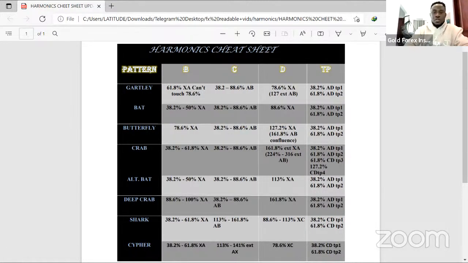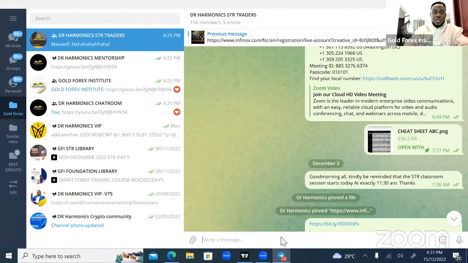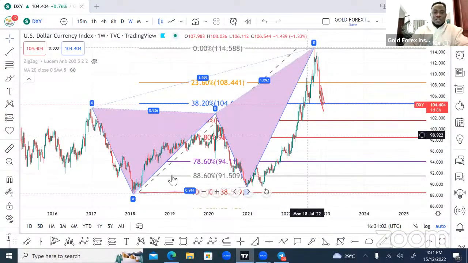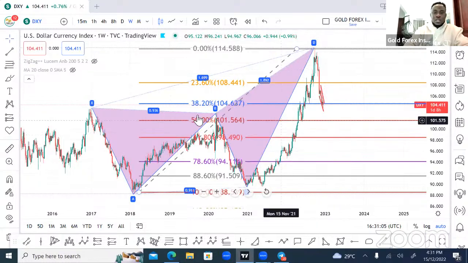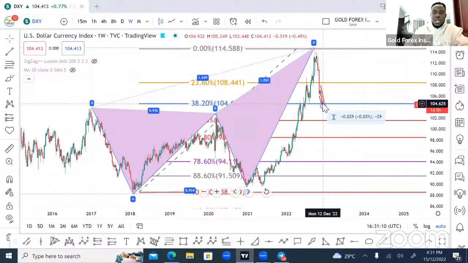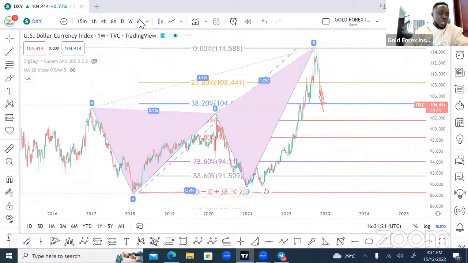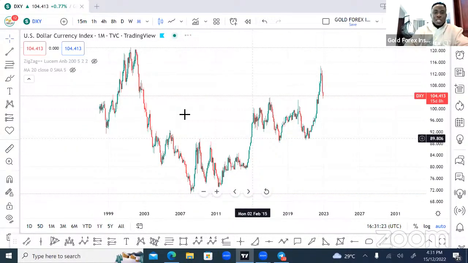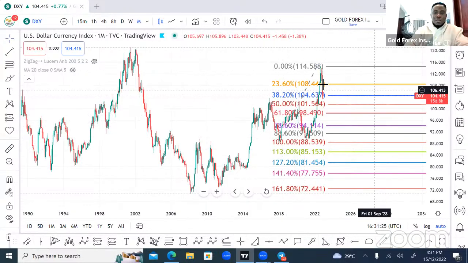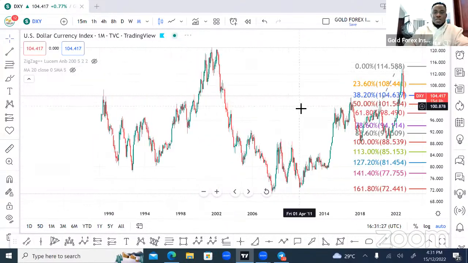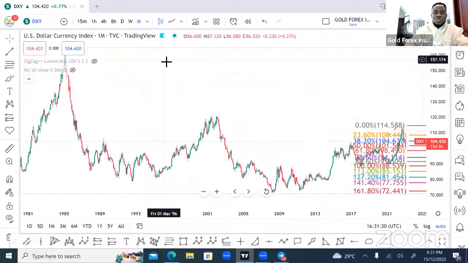Okay, so now when we come here, we realize that from A to D, take profit 1 is at 38.2, which is here. Now, it's possible it might come here, and if it will come here, then that means that we are going to have a zigzag correction, because on the higher time frame, it's possible we might still have a buy momentum over here.